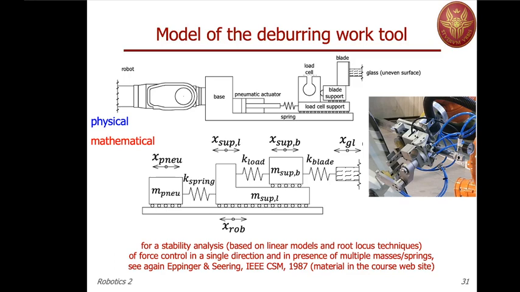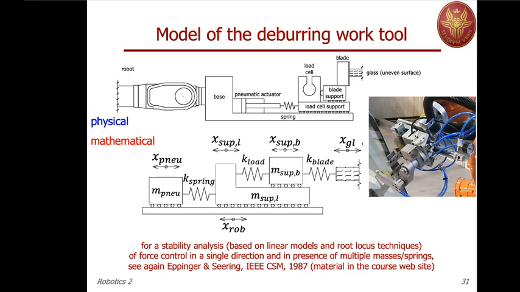The blade itself is an elastic plate and is in contact with the uneven surface of the glass of the windshield. So this physical system corresponds to a very simple mathematical model which has linear dynamics. It is made by masses and springs in series.